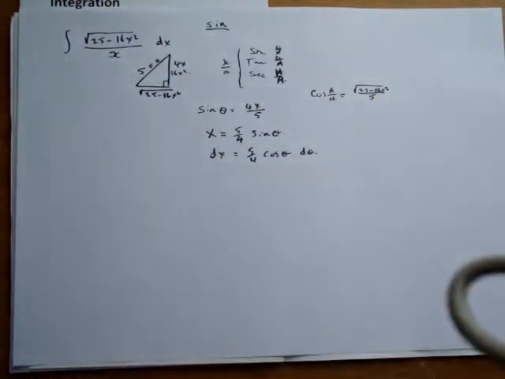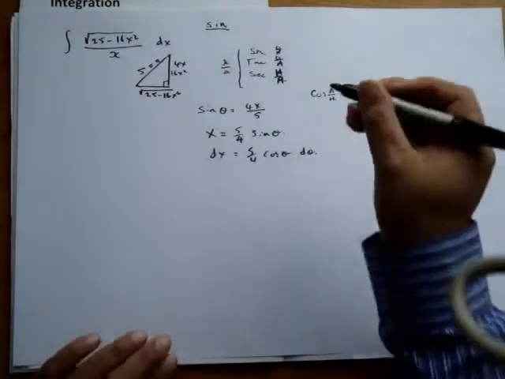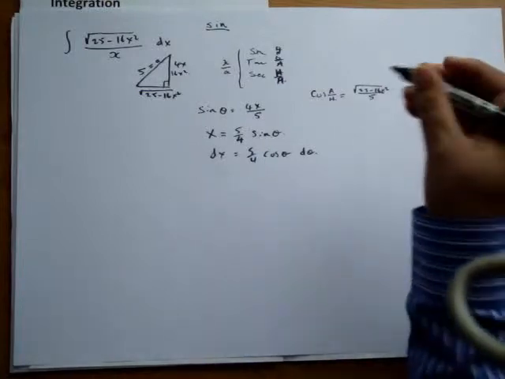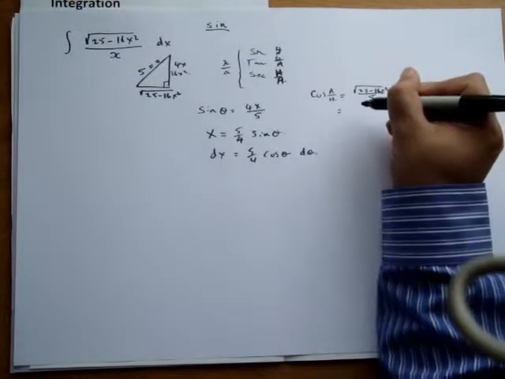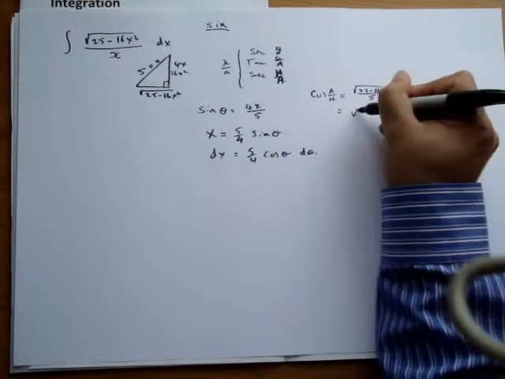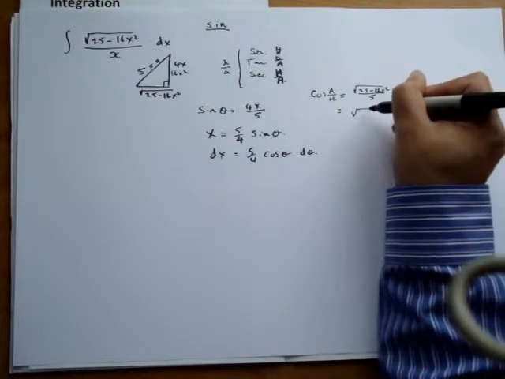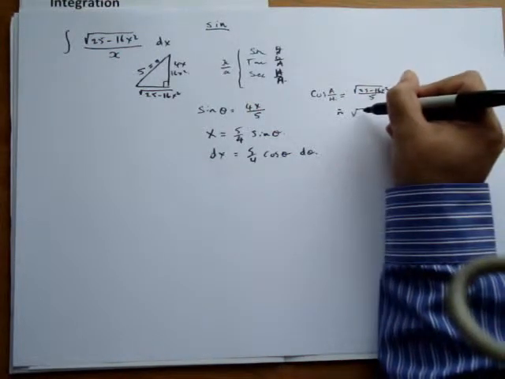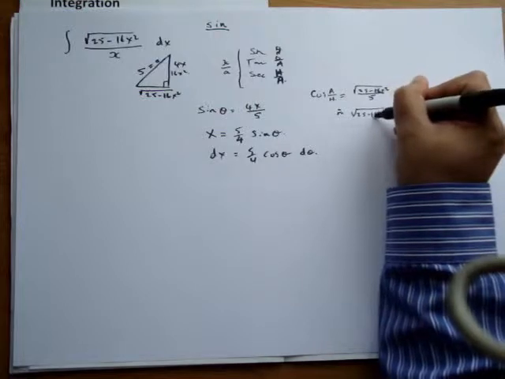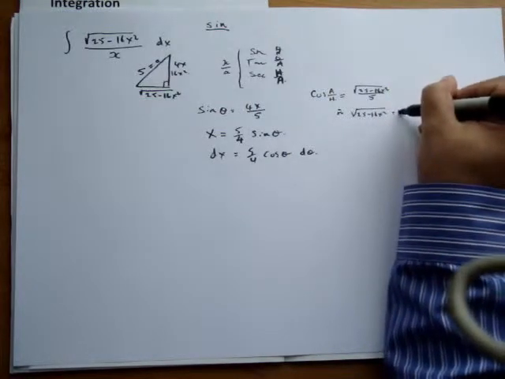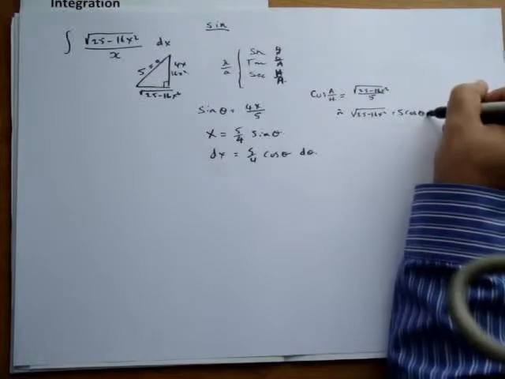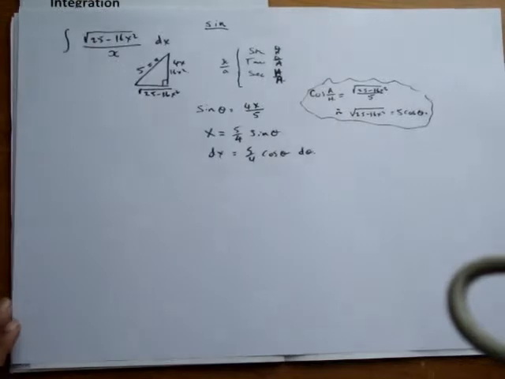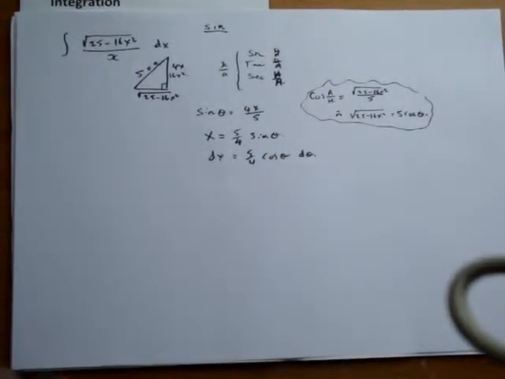So that's another little aside we can consider. If we rearrange this, therefore the square root of 25 minus 16x squared is 5 cos theta. And that's another little aside that we can use in our substitution.